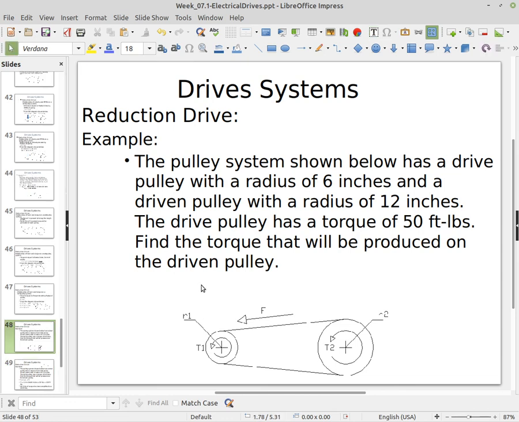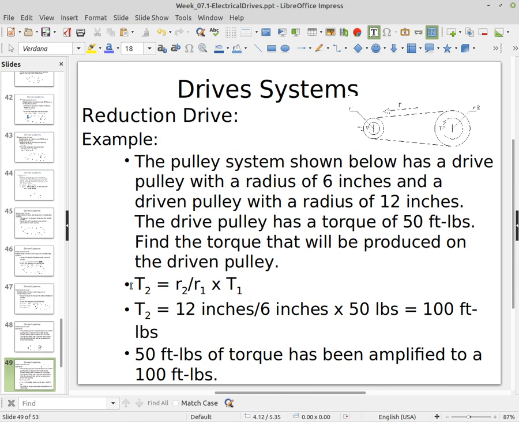All right, so here's just an example of a calculation for that. We have a pulley with a radius of 6 inches and a second pulley with a radius of 12 inches, and the drive pulley has a torque of 50 foot-pounds.